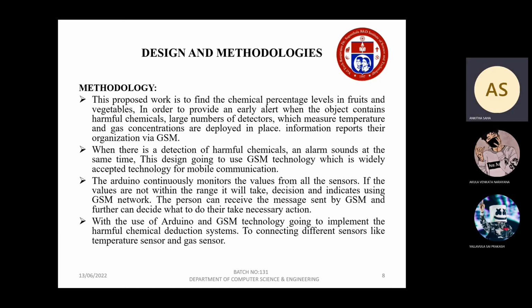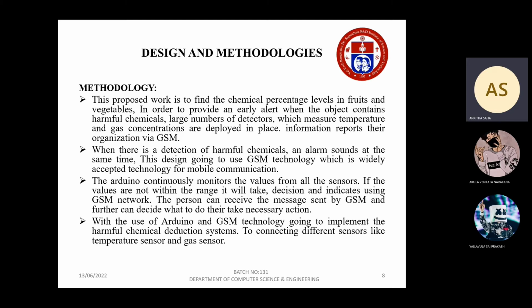Methodology. This process works to find the chemical percentage level in fruits and vegetables. In order to provide an early alert when the object contains harmful chemicals, a large number of detectors which measure the temperature and the gas concentrations are deployed in this place.